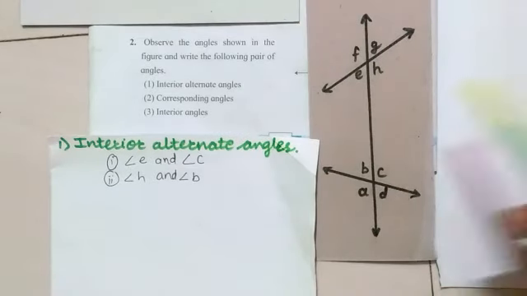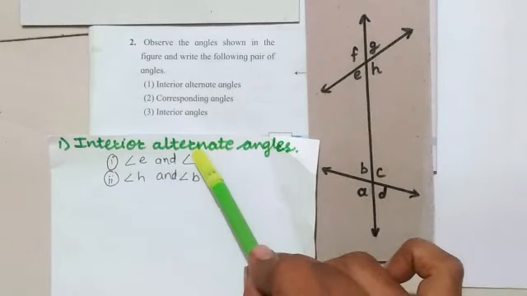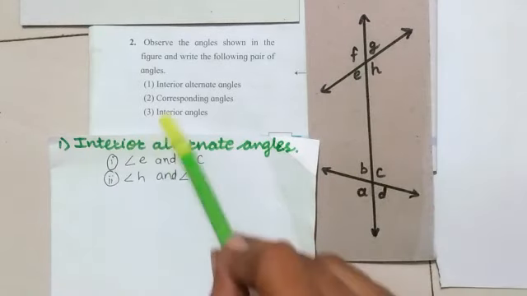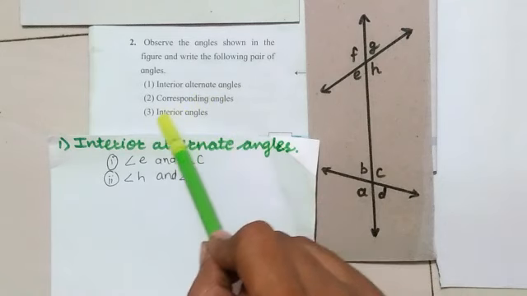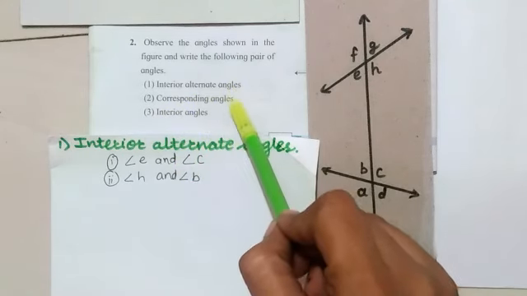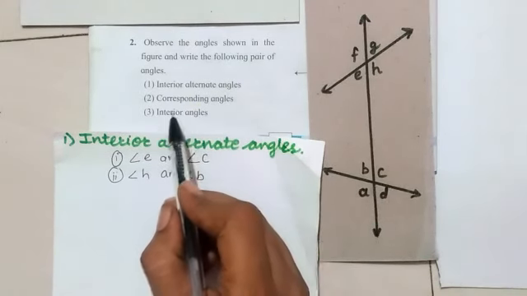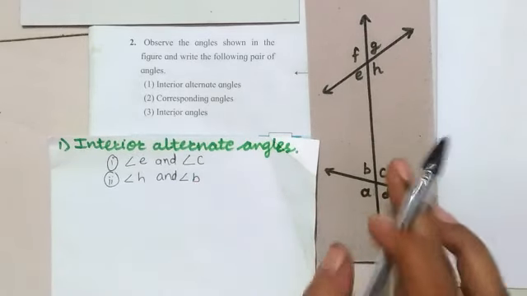So is it clear to everyone? This E and C is the first pair of the interior alternate angle and H and B is the second pair of the interior alternate angle. In the same way, the corresponding angles and the interior angles which we have studied already, you have to write the four pairs of corresponding angles and two pairs of interior angles from this figure.